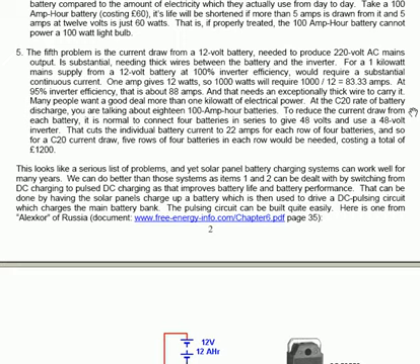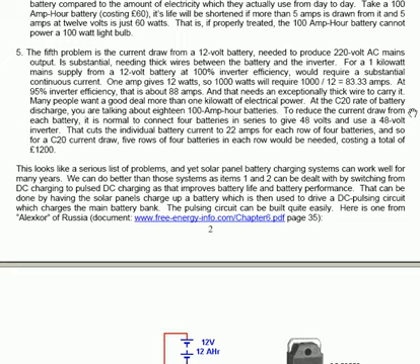That cuts the individual battery current to 22 amps for each row of 4 batteries. And so for a C20 current draw, you need 5 rows with 4 batteries in each row, and that would be what's needed, and it would cost a total of £1,200.